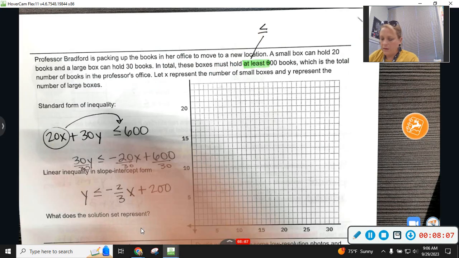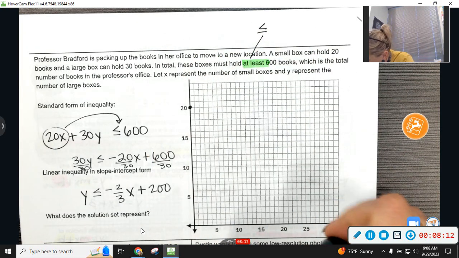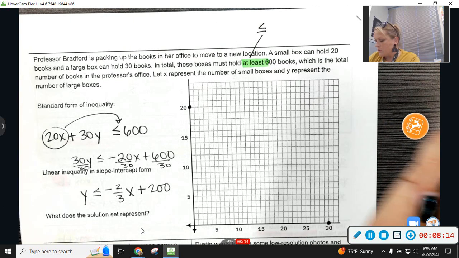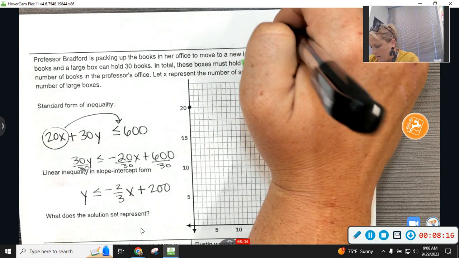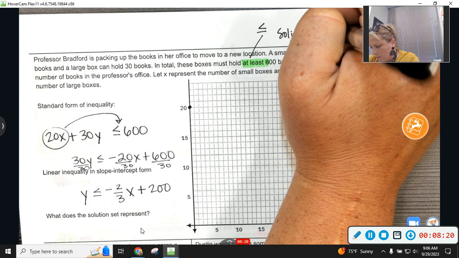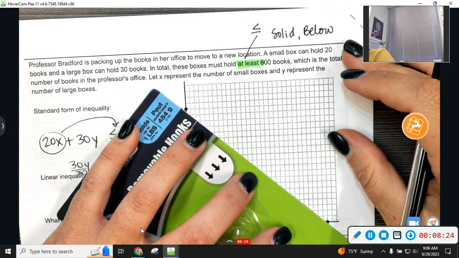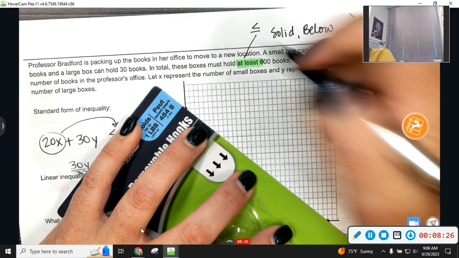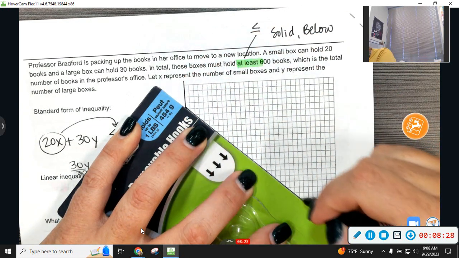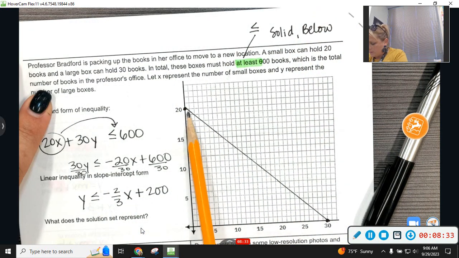So when I go over here, this is going to be a solid line, and it's going to be shaded above. So I have my two points that I need. I can connect these with a solid line. And then we are shaded. So I'm going to take my pencil and shade it.